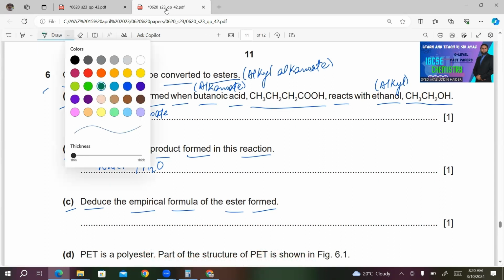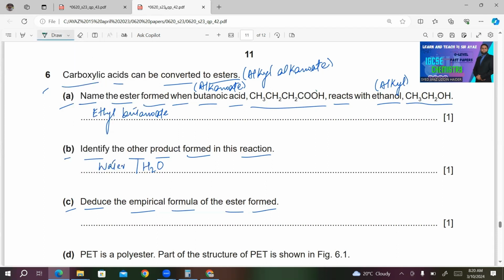So here we are having the butanoate group coming from this butanoic acid and the alkyl group, that is the ethyl group, coming from this ethanol. So the formula will be CH3CH2CH2COOCH2CH3.